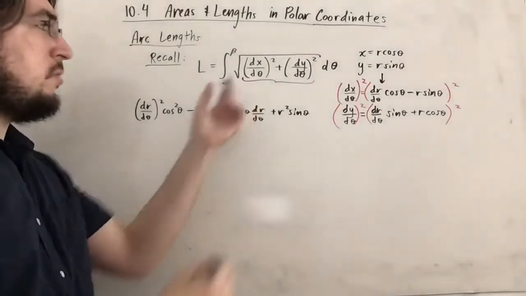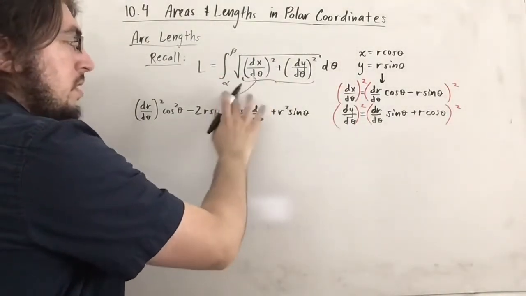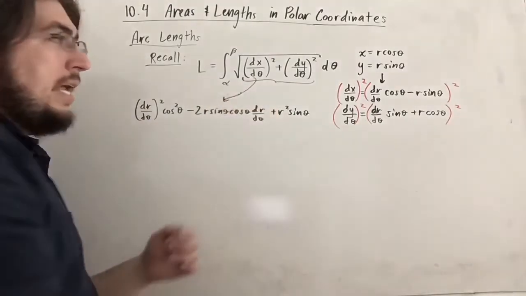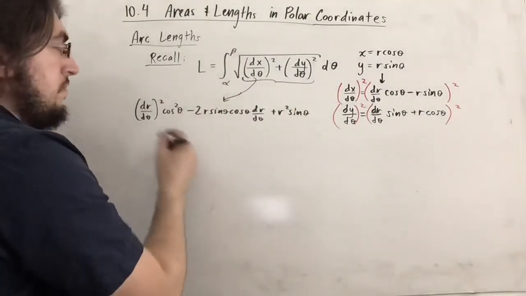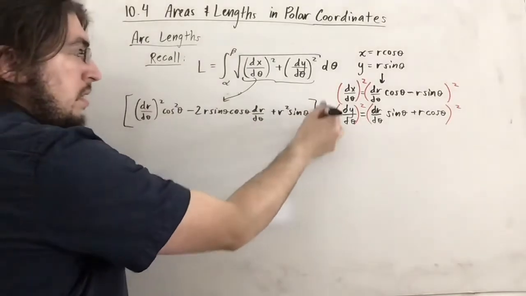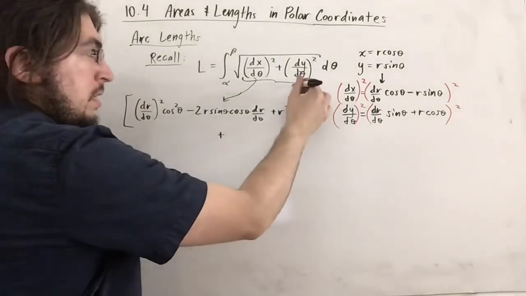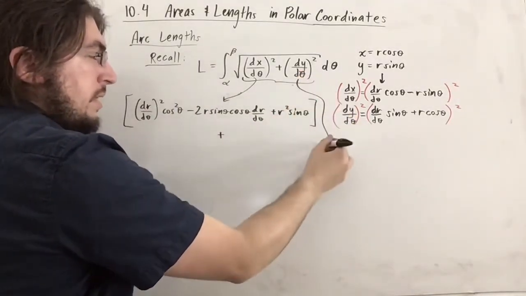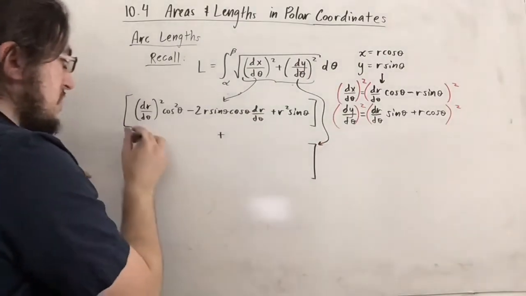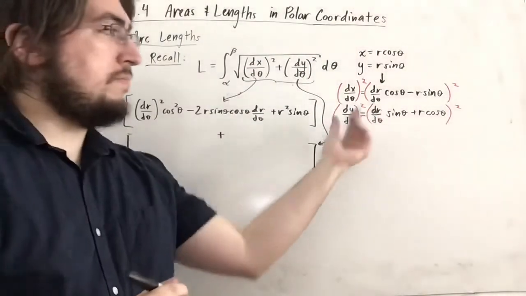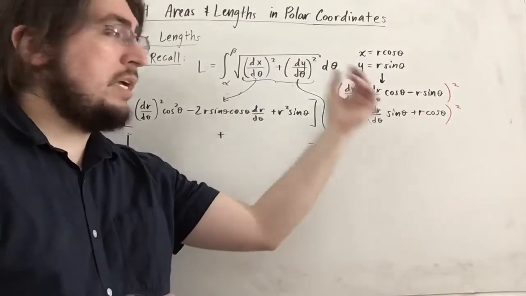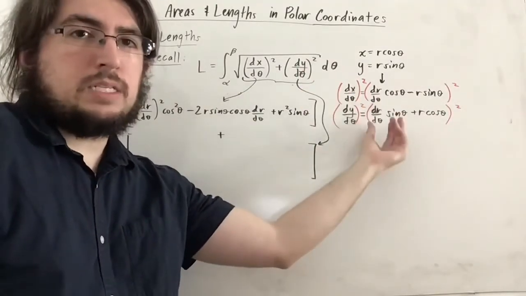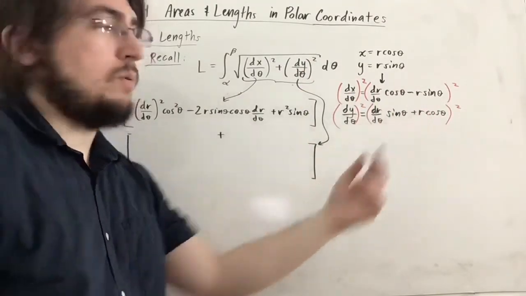Now this is really the first term here, so let me arrow that. And the second term I'll write below. So this whole thing plus this one I'll write down here. Again, that's going to be dy d theta squared, which is this one. It's going to be this squared plus 2 times the product plus the last one squared.